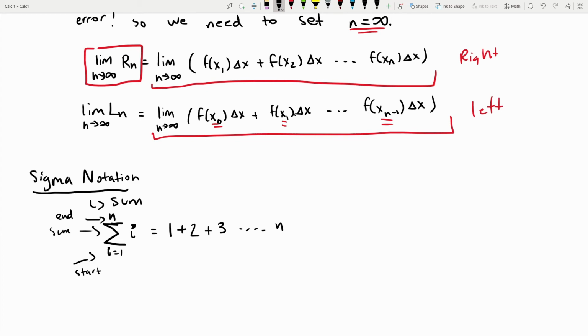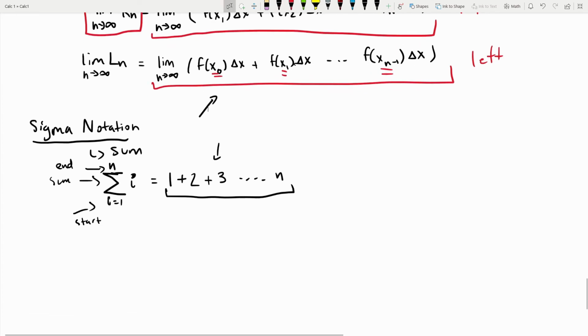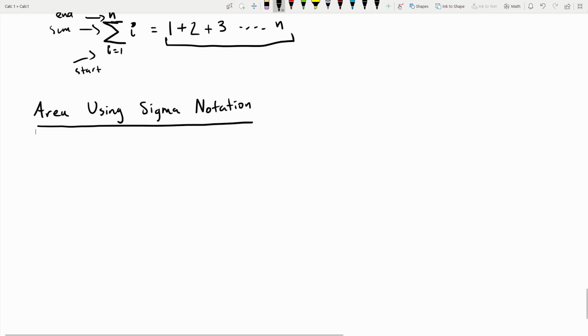It's a nice way to compress an addition of like elements from a start to a finish into a single symbol, as opposed to writing all these dots, as we can see up here. This is really messy up there, and we're going to use sigma notation now to compress it a little more. So the area using sigma notation.